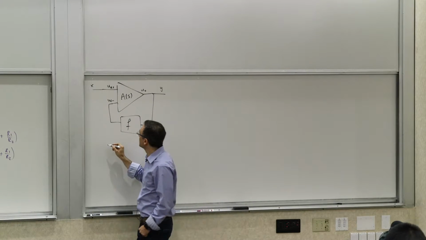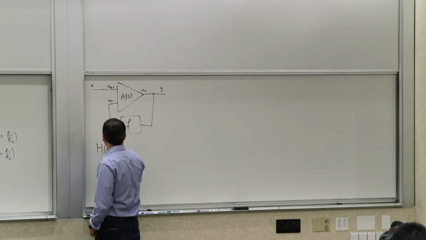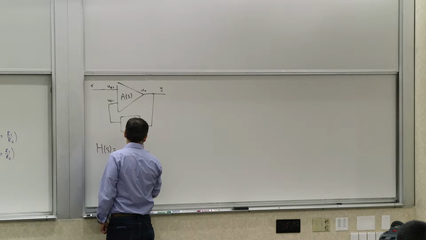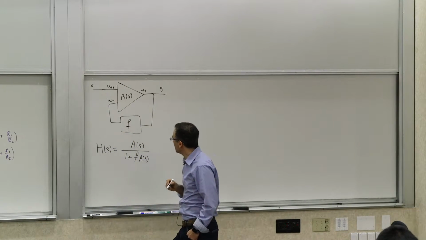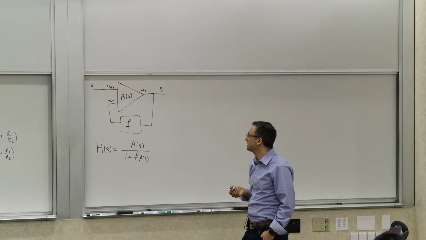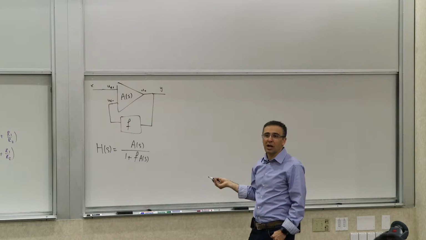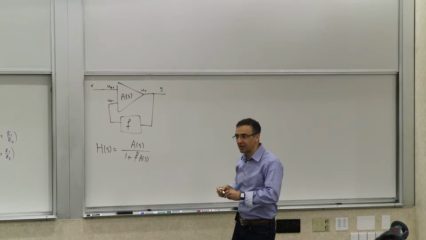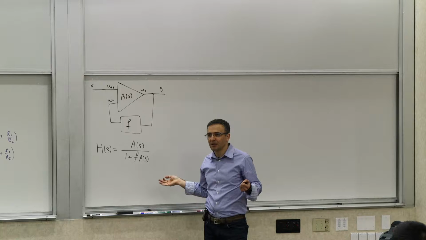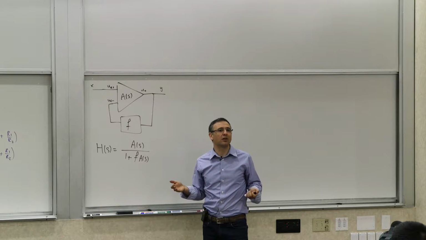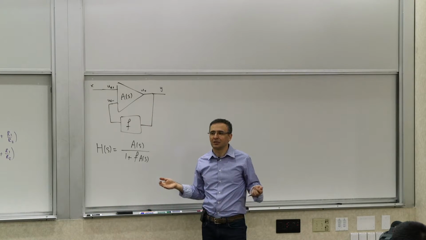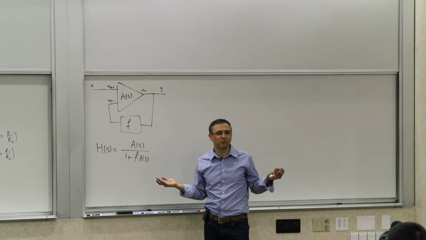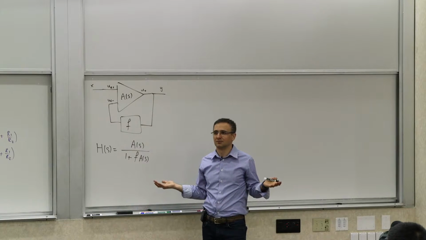The general transfer function, which is now a frequency dependent one, is A of S over 1 plus F A of S. And if I scale it by k, then I would get 1 over F. So if your gain was large at all frequencies, then at all frequencies you will get 1 over F, or H infinity, which is great if you could do that, but it's not a particularly insightful result.